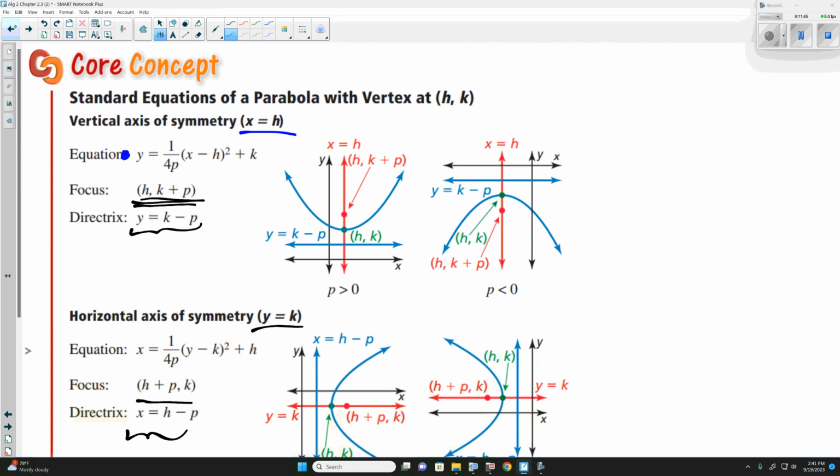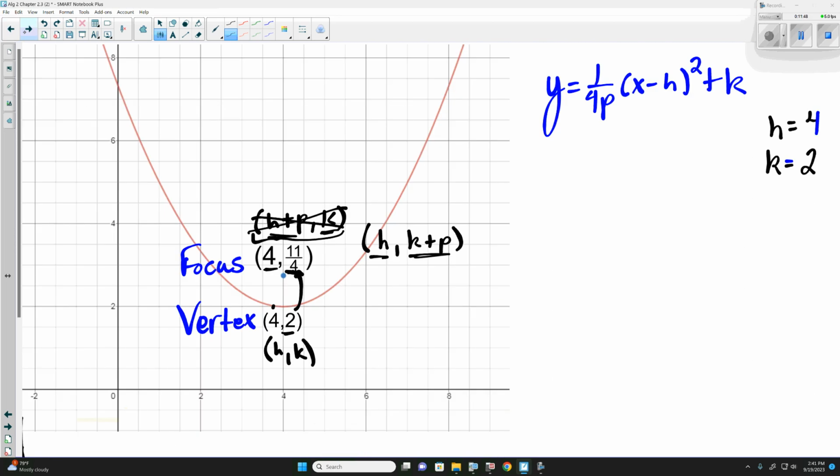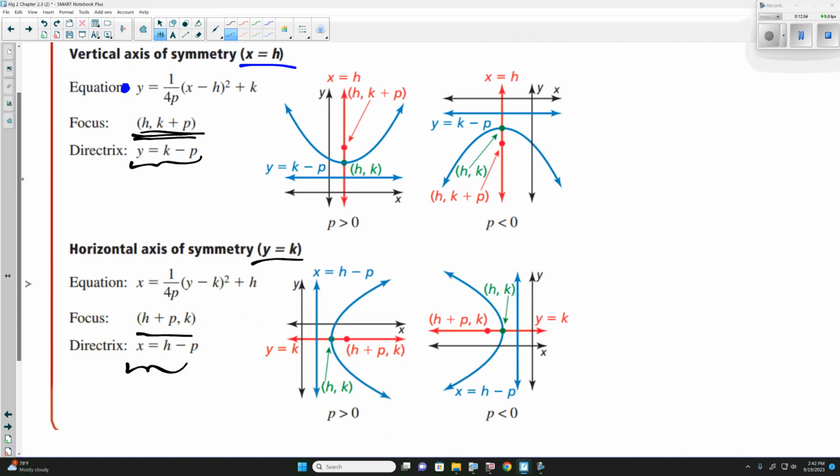And if the x value changes, it's going to be the x equals, h plus p. Yes. Questions on this here? Questions on either so far? Okay. Now, there's a reason behind that, because the distance that the focus moves is the value of p.